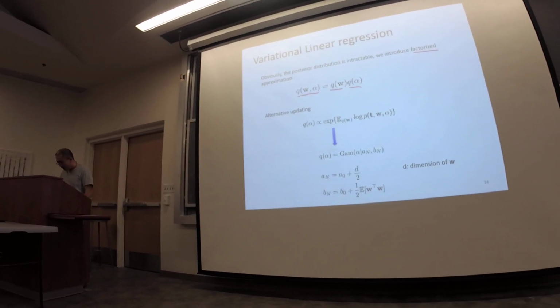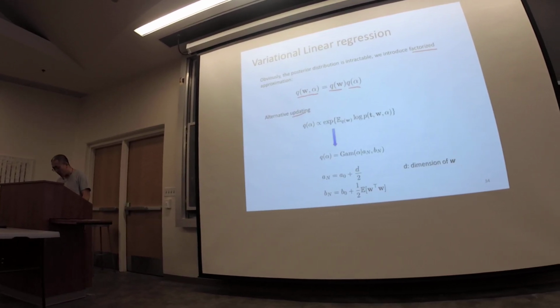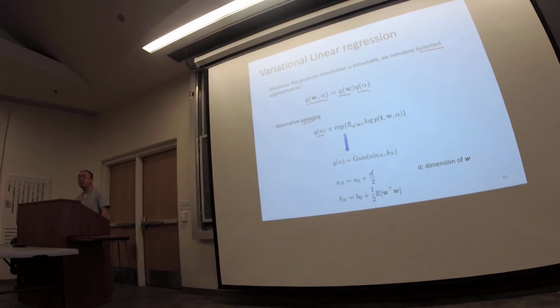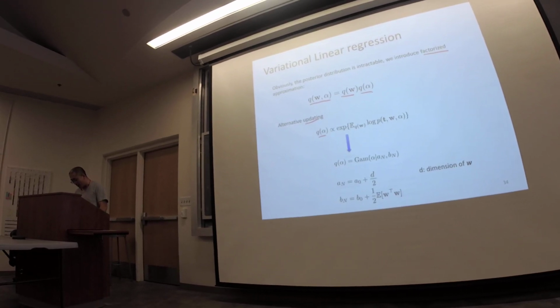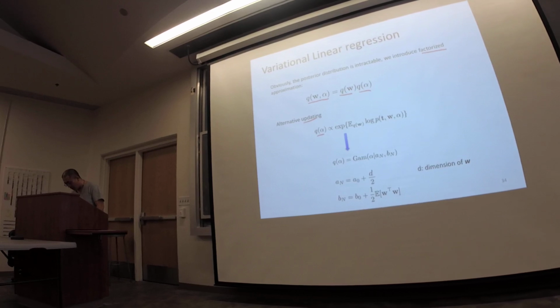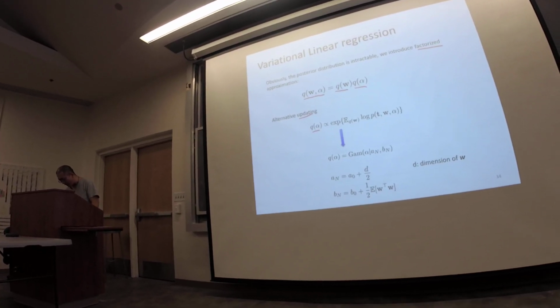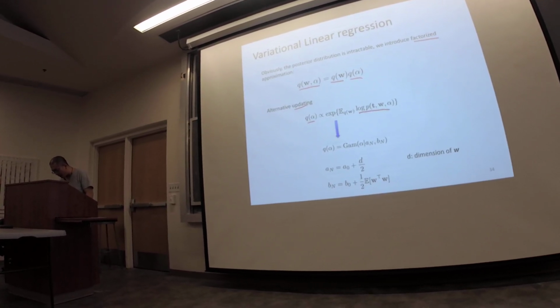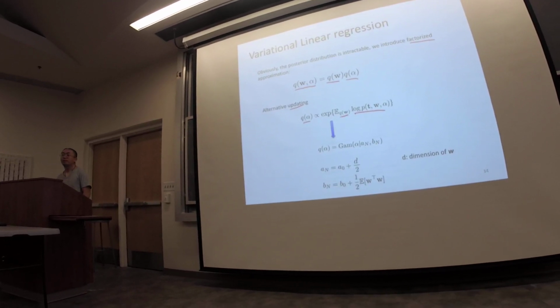So then we do alternating updates. We can first update q of alpha. Q of alpha is updated as being proportional to the exponential of the expectation of the log of the joint probability under q of w.